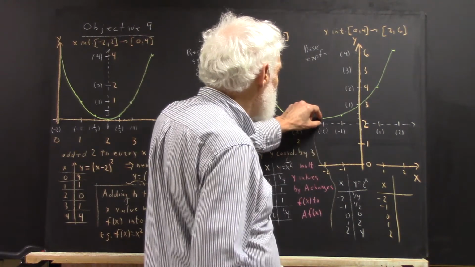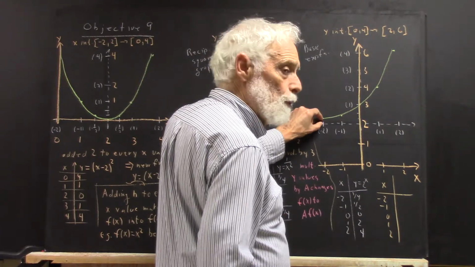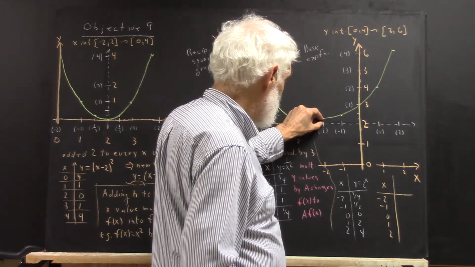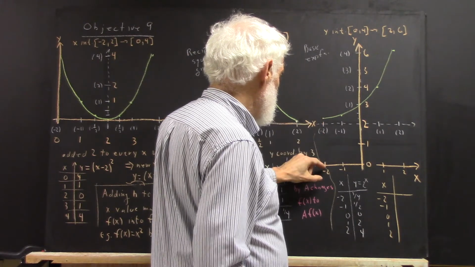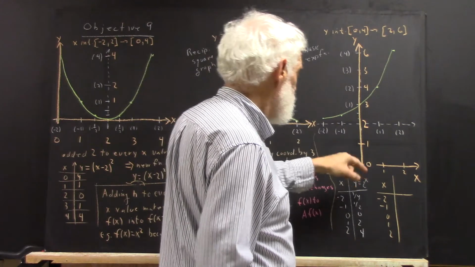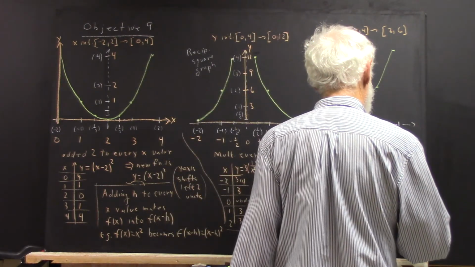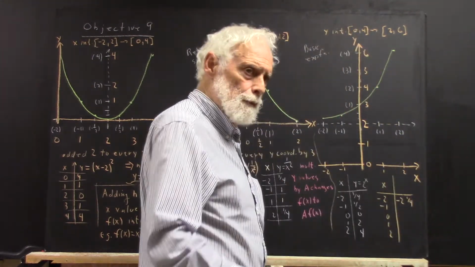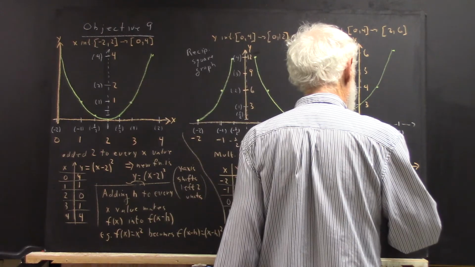Well, the original function had a y coordinate of 1/4 here. So that's 1/4 of a unit. But now you've got to go up 2 just to get here, and then another 1/4. So this would be 2 1/4. I'll write the mixed number, although generally we want to use improper fractions, 9/4.